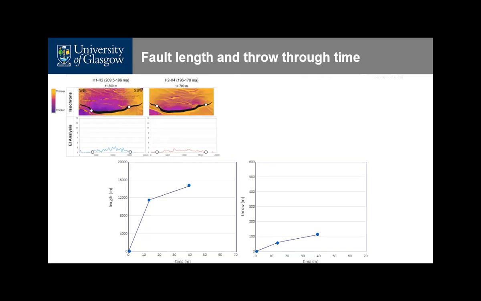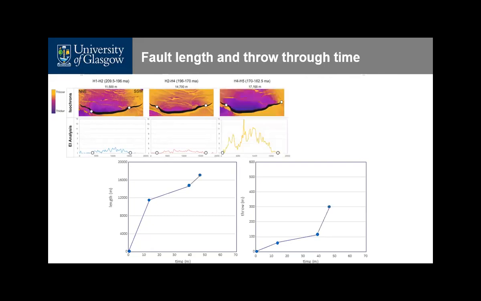Then between the next horizons, which is between 196 and 170 million years, it grew a little bit from 1.2 kilometers to about 1.4 kilometers, and continued to gain throw as well. Again, it gained a little bit of length from about 1.4 to about 1.65 kilometers, and a little bit of an increase in throw here.